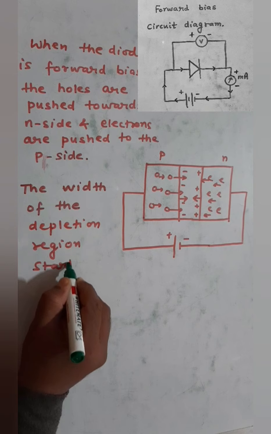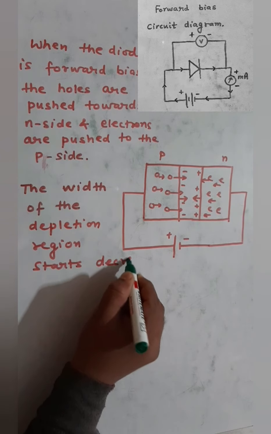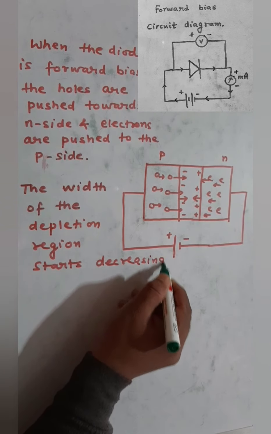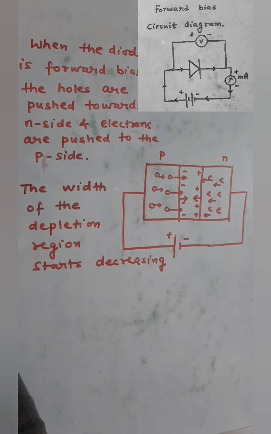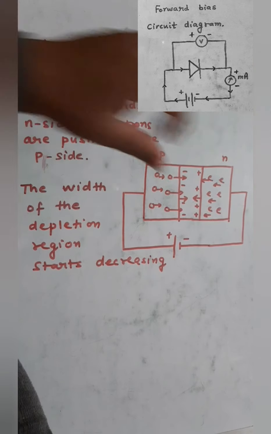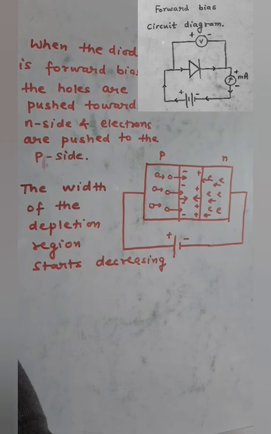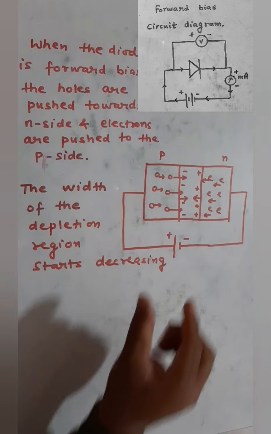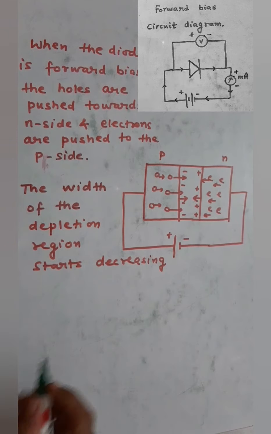So the very first thing which happens while forward biasing a diode is that as soon as you forward bias it, the holes will start moving towards the N side and electrons towards the P side, and as a result the depletion region will start shrinking.